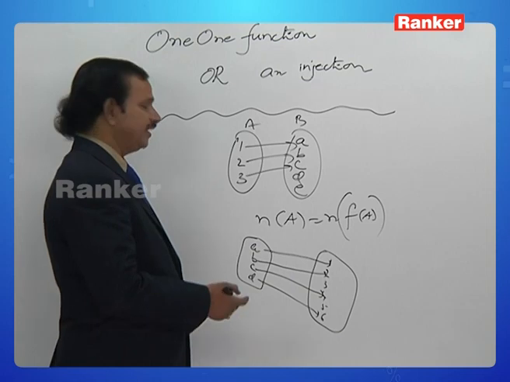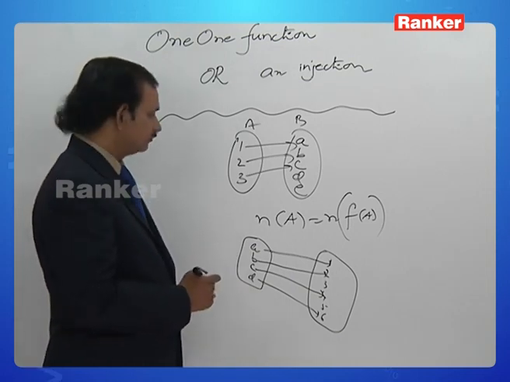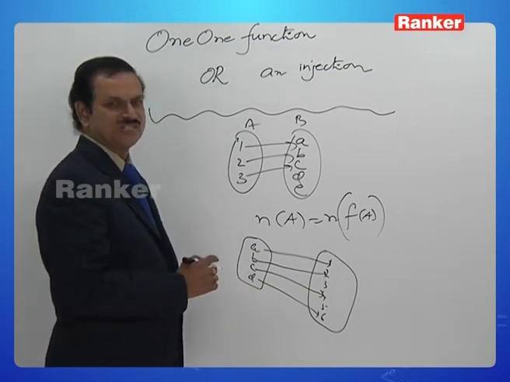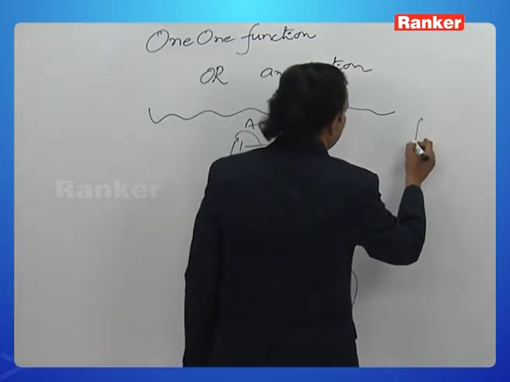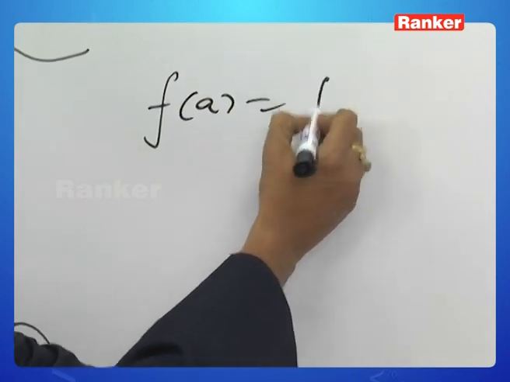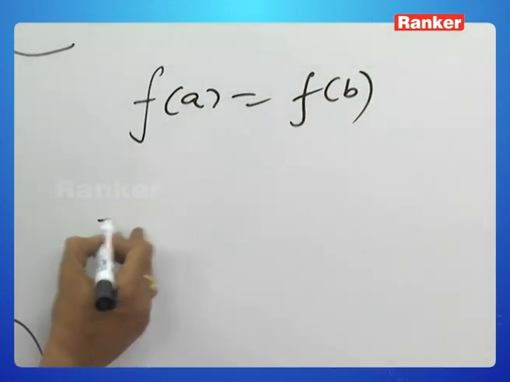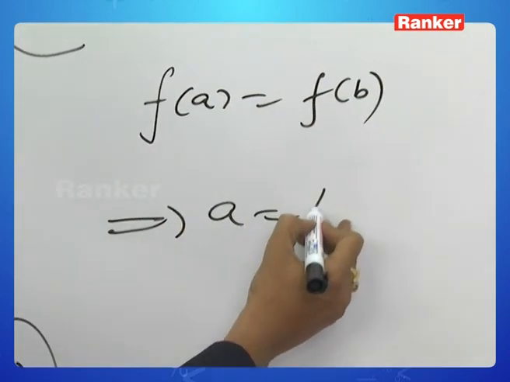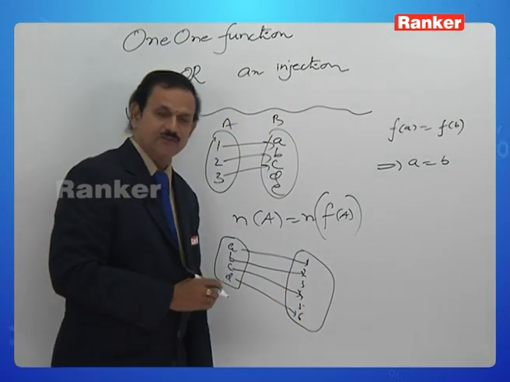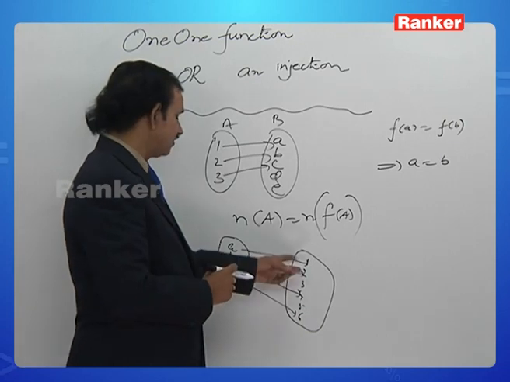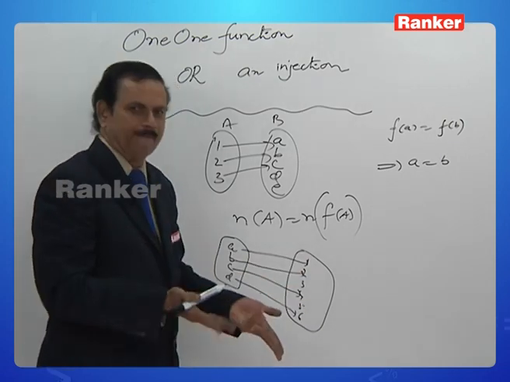Well, in calculations, there is a particular procedure to test whether a function is 1-1 or not. If f of a is equal to f of b is considered, and if you are able to show that a is equal to b, then you notice that it is a 1-1 function. Images are same means element must be same.